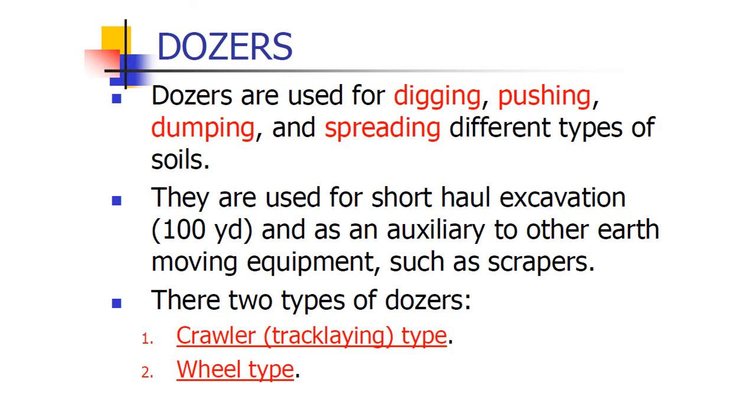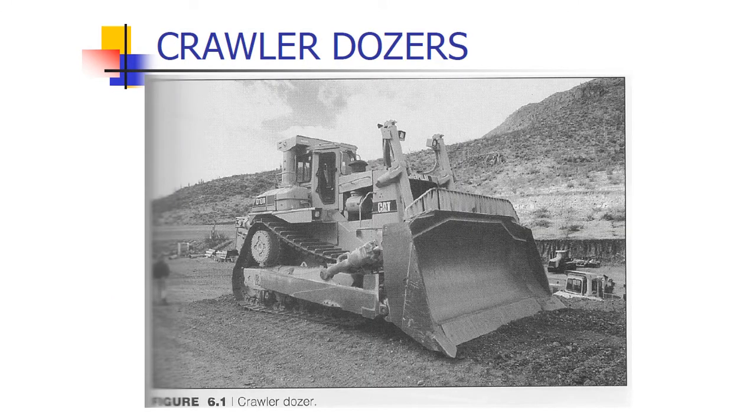The two main types of dozers, according to the mounting classification, are crawler or wheel-type mounted dozers. This is a photo of a crawler dozer. You can see the track, so it's also called a track-mounted dozer.